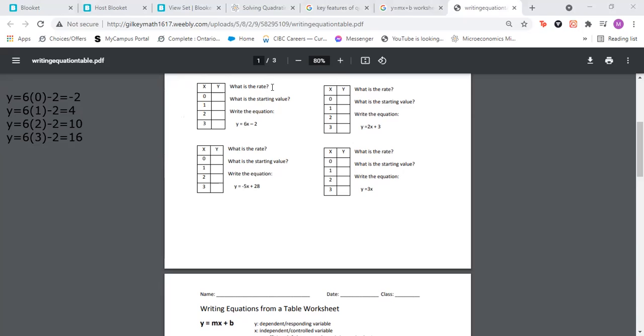And then what's the rate of change? You start off by adding 2 each time and jump to adding 6.